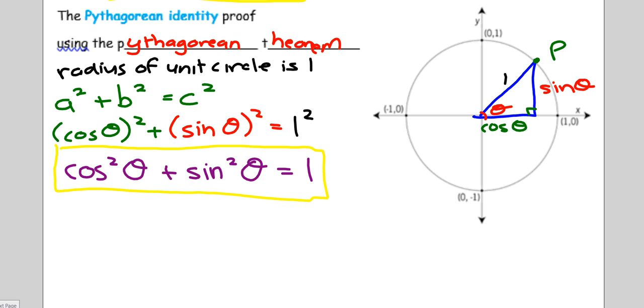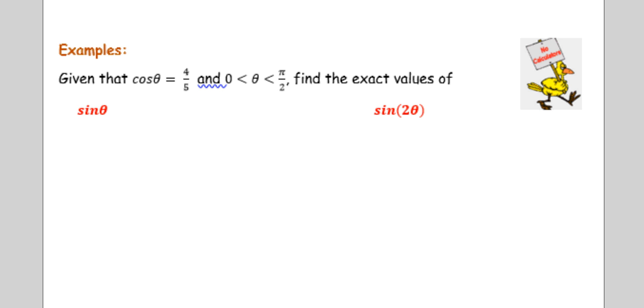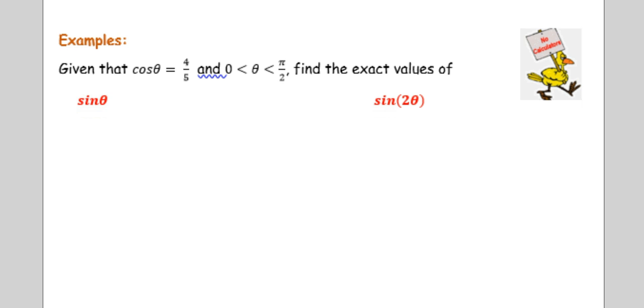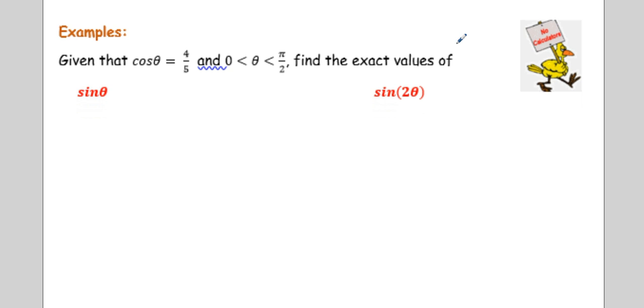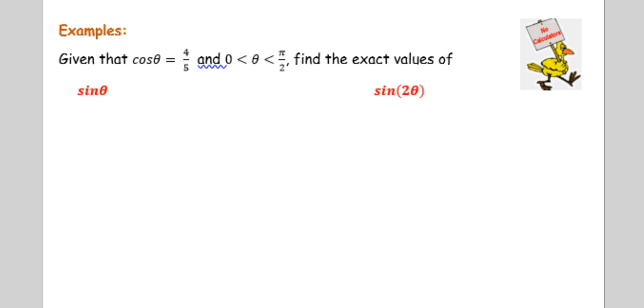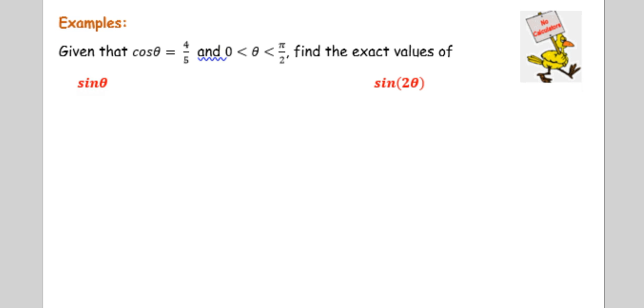Okay, so now we're on the next thing. Notice it's all no calculator stuff, which is quite fun. So given that cos theta is 4/5 and theta is between 0 and pi over 2, what's pi over 2? 90 degrees. Good. Let's just practice converting in case it helps. So 0 to 90 degrees.